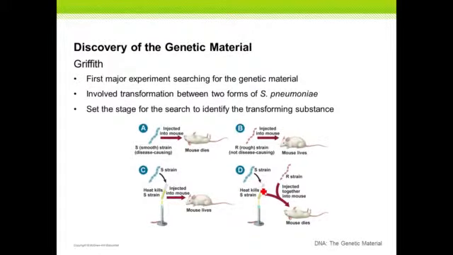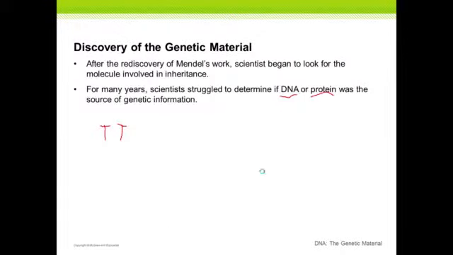He then injected basically the dead bacteria with the non-lethal strain that you saw right here into the mouse, and the mouse died. So somehow the living bacteria strain that was at first totally harmless to the mouse became deadly when you put it in combination with the deadly strain.